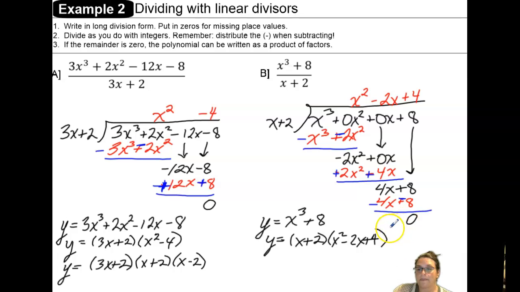And I want to check and see, will this quadratic trinomial factor further? So I would make my crisscross and see, are there factors of 4 that add to equal -2? And the answer to that is no.